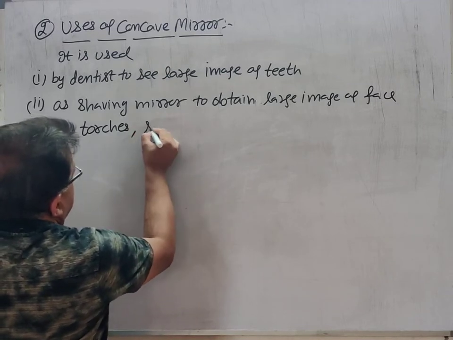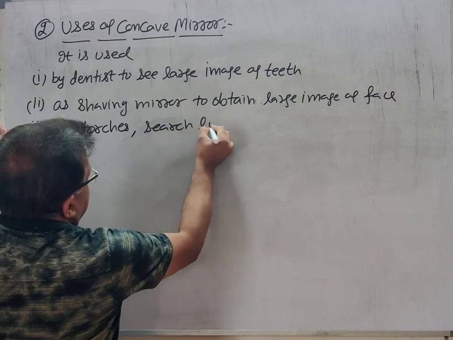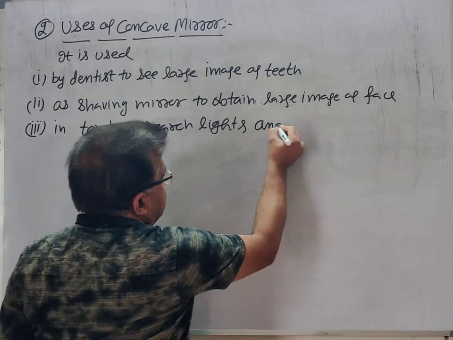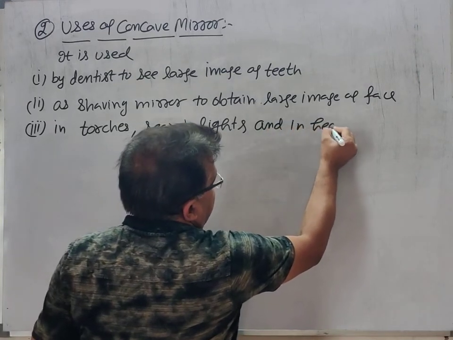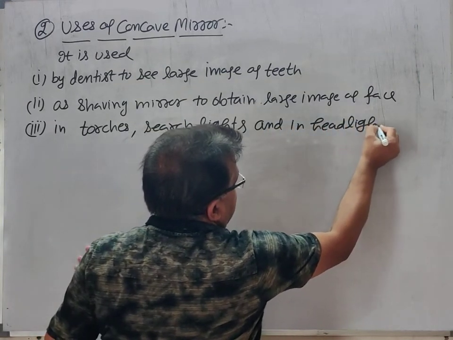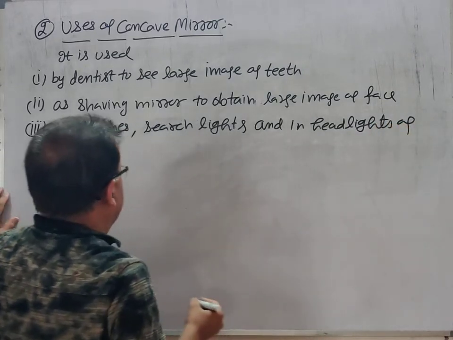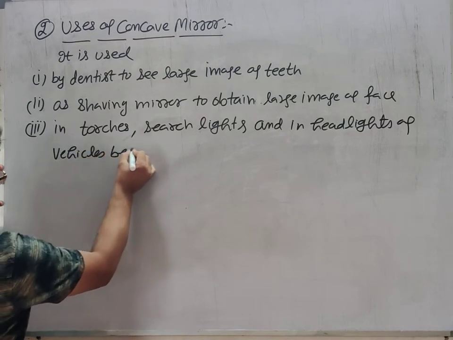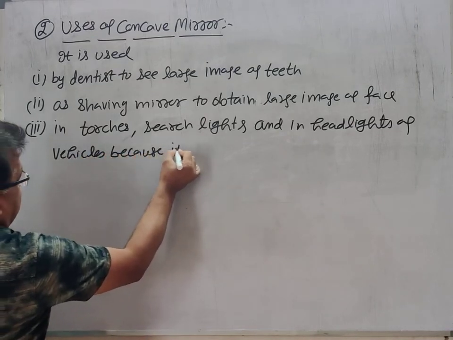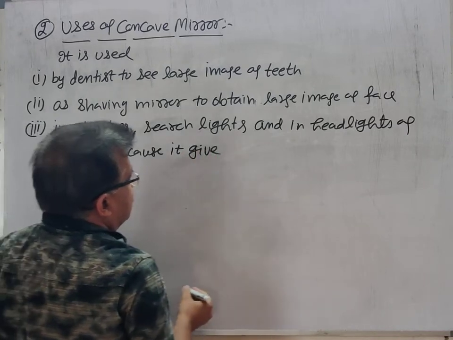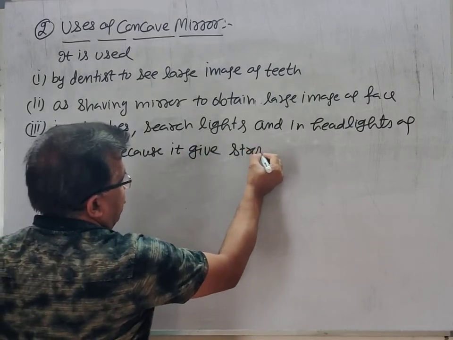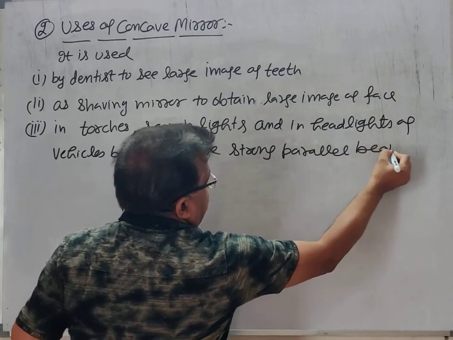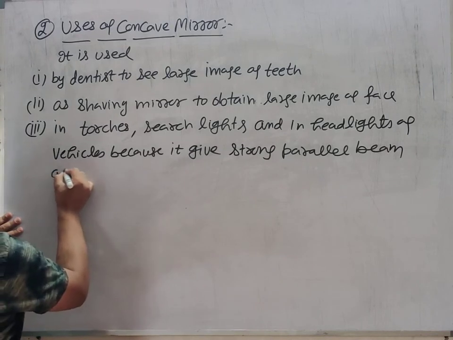It is used in torches, searchlights, and in headlights of vehicles because it gives a strong parallel beam of light.